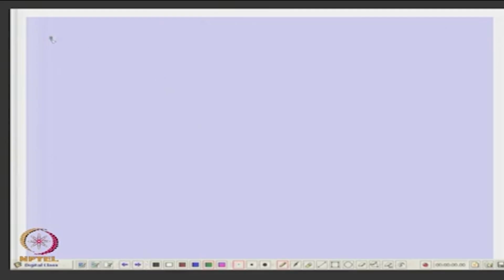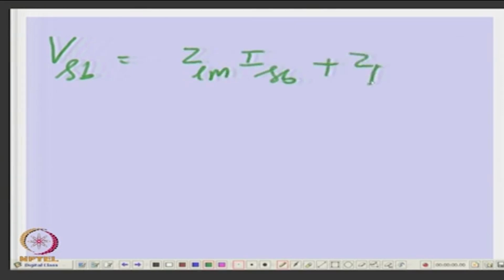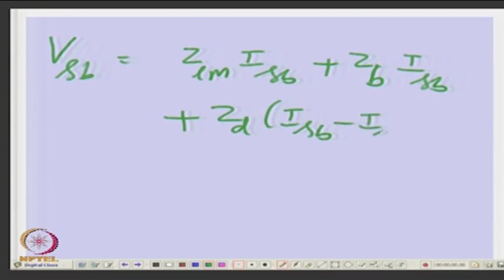So, that will also be, you can write VSB will be ZLM ISB plus ZB ISB plus ZD into ISB minus ISF, that will be VSB. Okay.